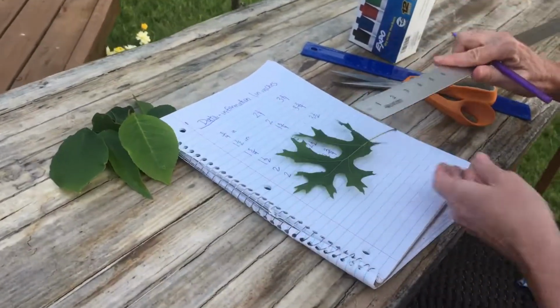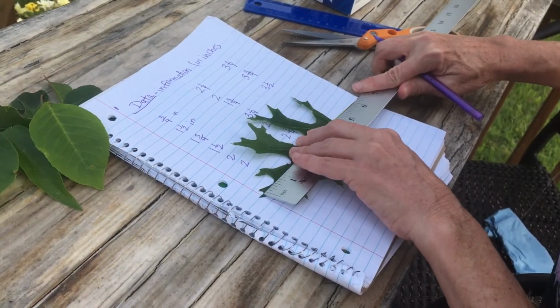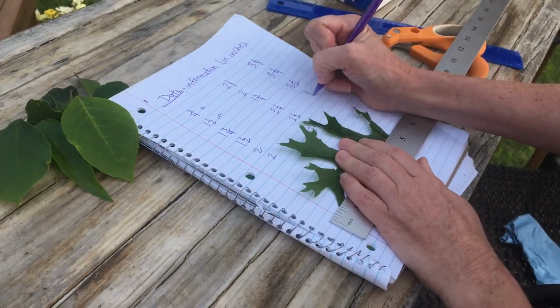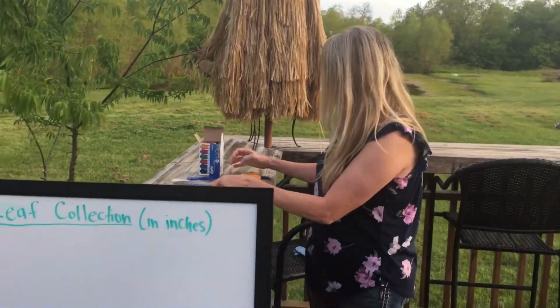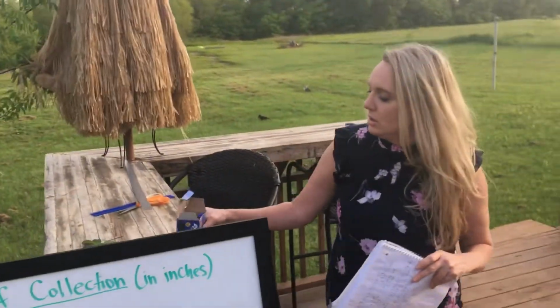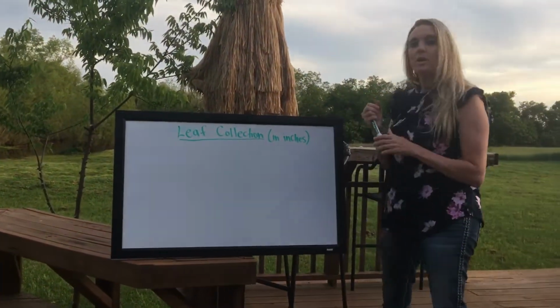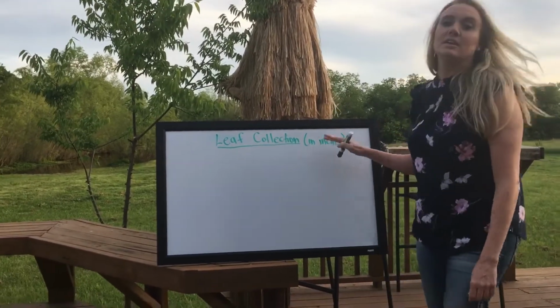And this is probably the longest one I've got. And it is 4 3/4 inches. So now I'm going to make my data chart, make my dot plot diagram, and I've given it the title, Leaf Collection in Inches.